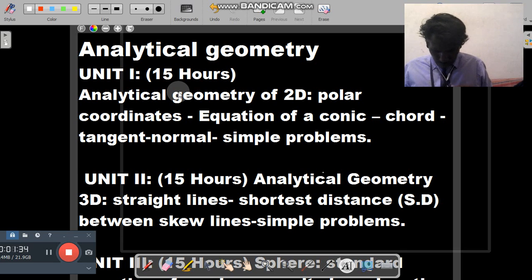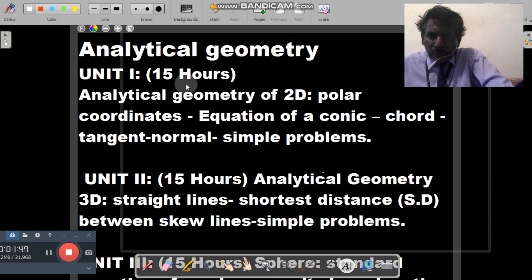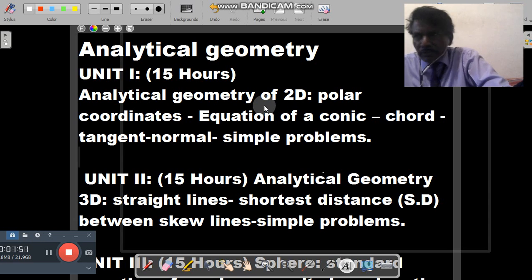Okay. Now I will adjust the mic here. So the first unit consists of analytical geometry of 2 dimensions.